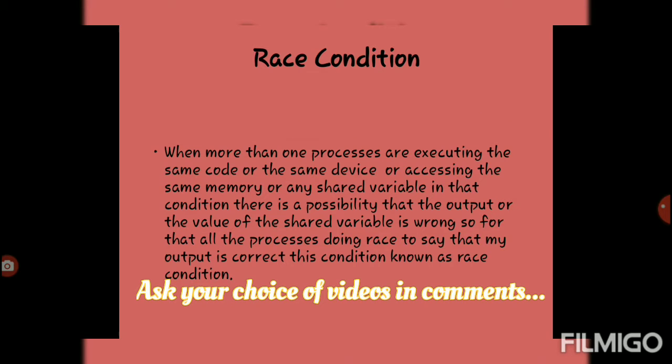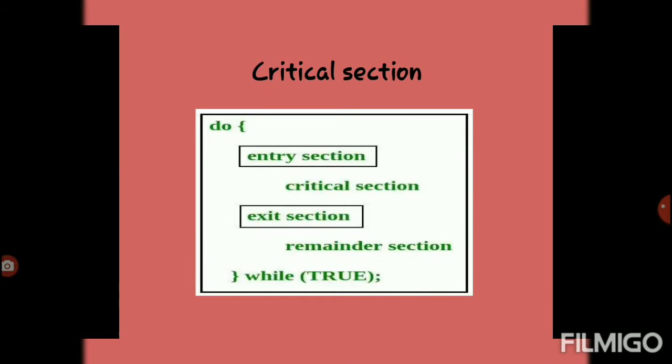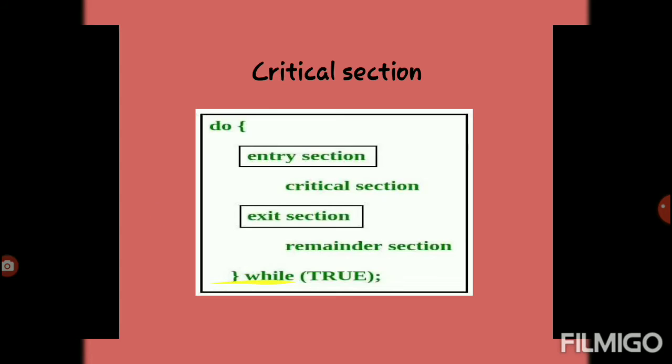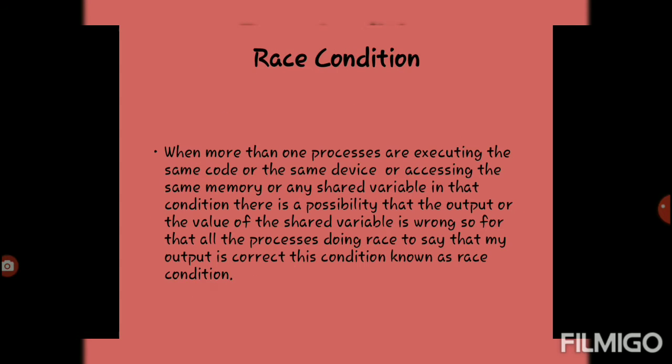In synchronization, three concepts are involved: mutual exclusion, progress, and bounded waiting. Then there is a condition called race condition.